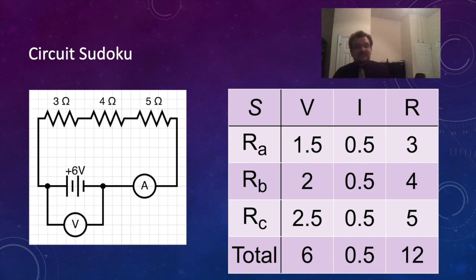So what we can see here is when filling in one of these circuit Sudoku tables, with series, all of the resistors add up, and we end up with 12. Then all the voltages will also add up, and we're going to get 6.